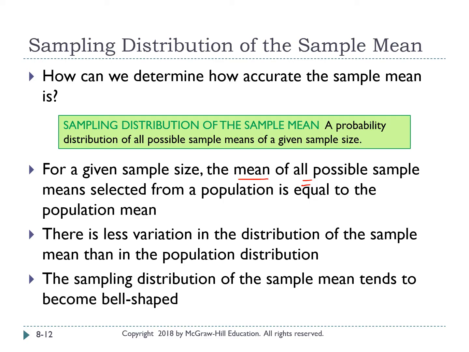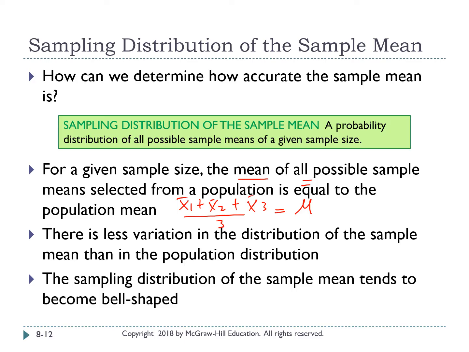In other words, let's say you have 3 sample means: X bar 1 plus X bar 2 plus X bar 3, and if you want to find the mean of your sample means, you divide by 3. This should equal your population mean. We will explain the detail in the next slide.